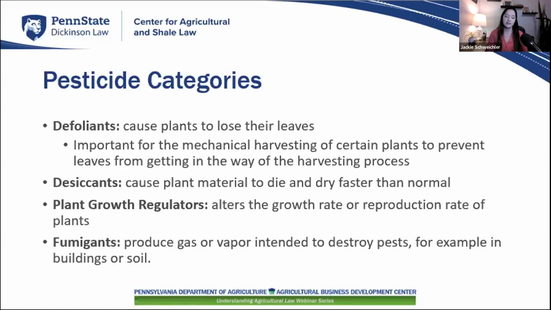Plant growth regulators are interesting because they can be synthetic compounds or natural hormones extracted from plant tissue. They're generally marketed as fertilizers or biological stimulants. And when I think fertilizer, I don't really think pesticide, but plant growth regulators are regulated as pesticides. So again, when we're thinking about the term pesticide, we have to think really broadly. And as for fumigants, I included them here because, like herbicides, fumigants are frequently cited as a source of pesticide drift.